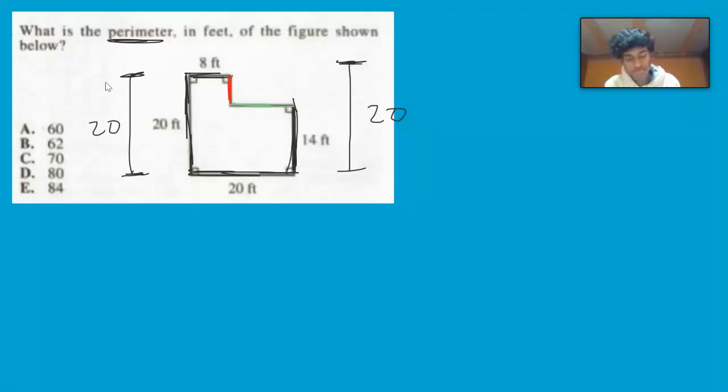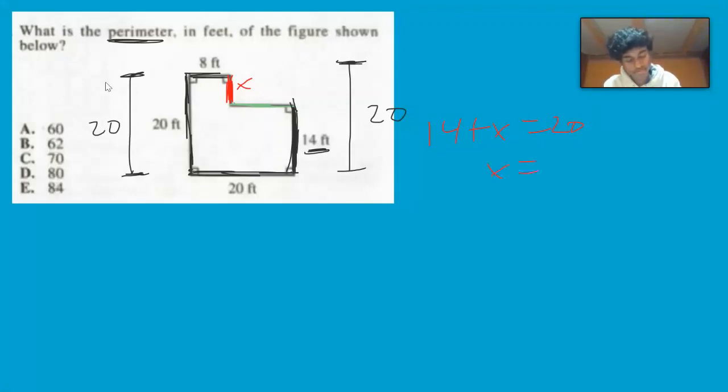So this vertical component here, plus this other vertical component here, has to be equal to 20. We can call this x. We can just say that 14 plus x has to be equal to 20.